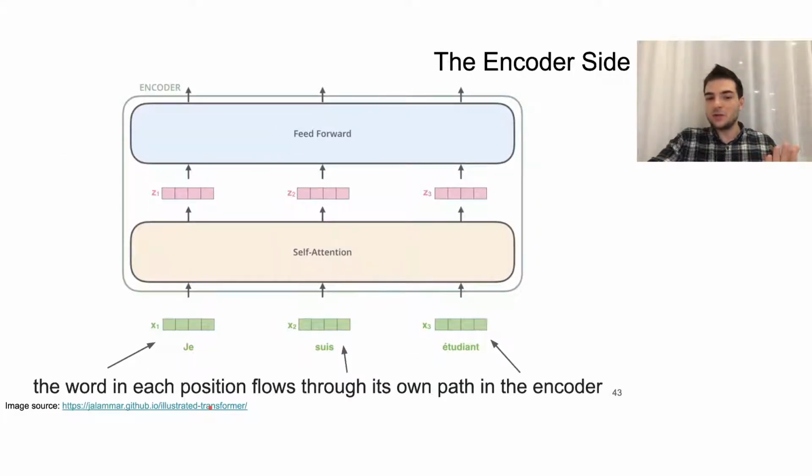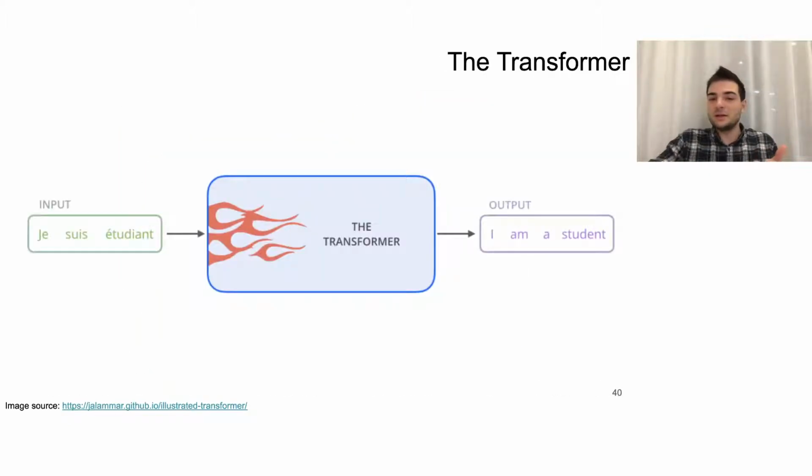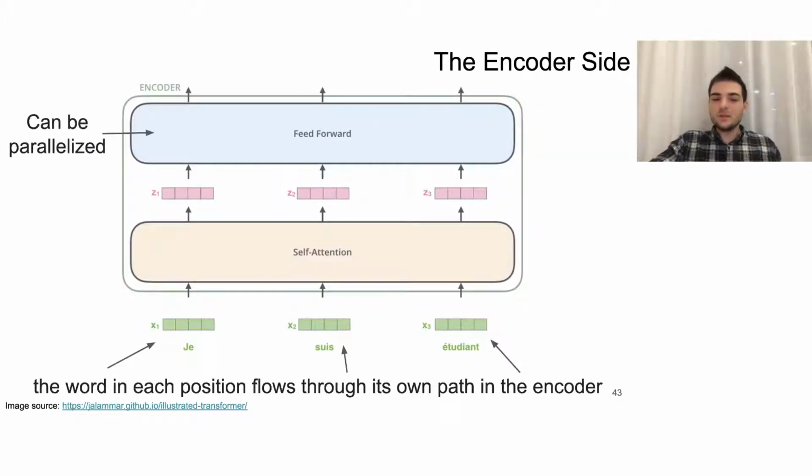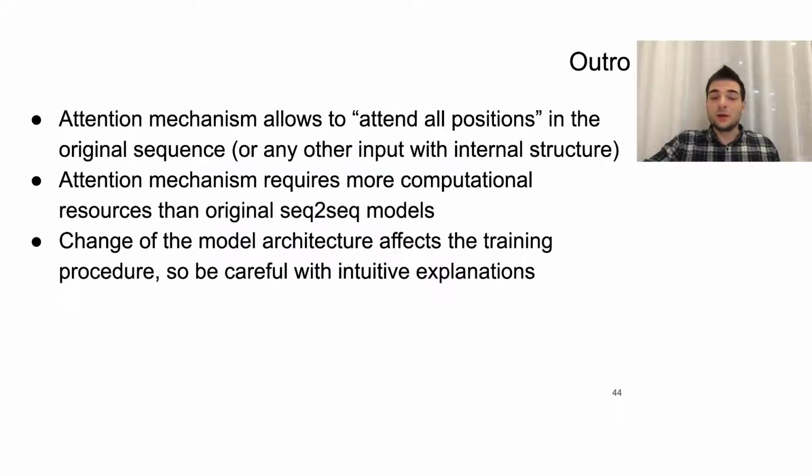Many illustrations in this particular lecture are based on his great blog post, because I just love these illustrations. They are really great and they really help to understand what's going on. So please take a look at it. We haven't discussed the transformer in general, so it might not be so straightforward, because the transformer will be covered in the next lecture. But otherwise, it's still a good read.